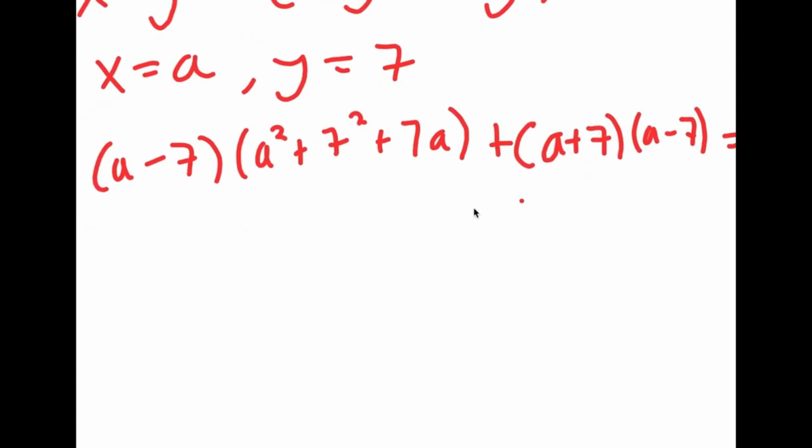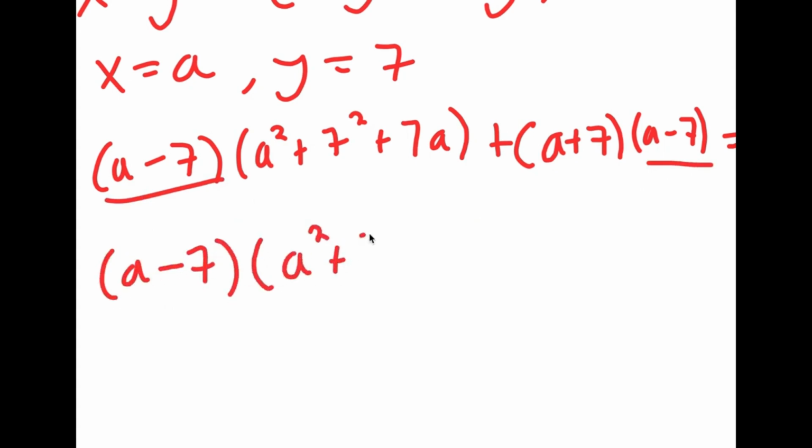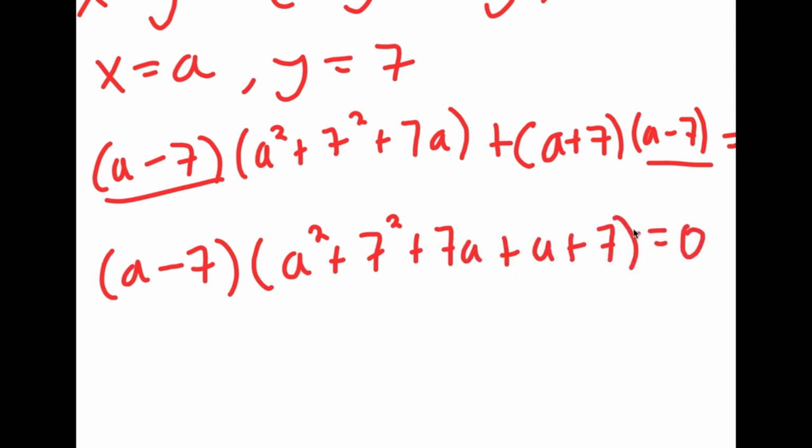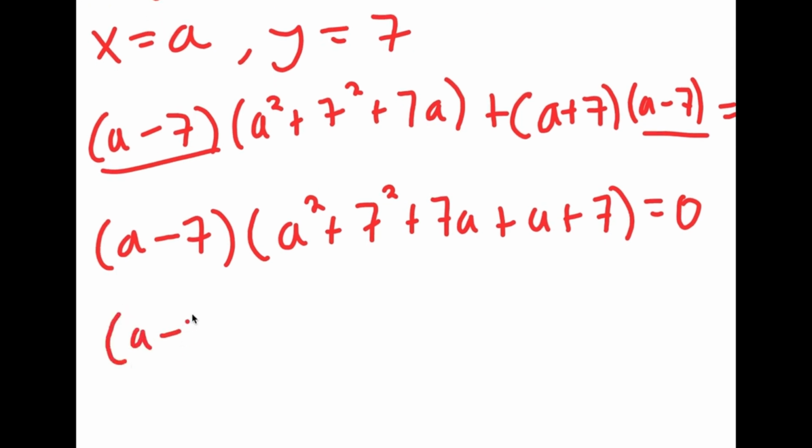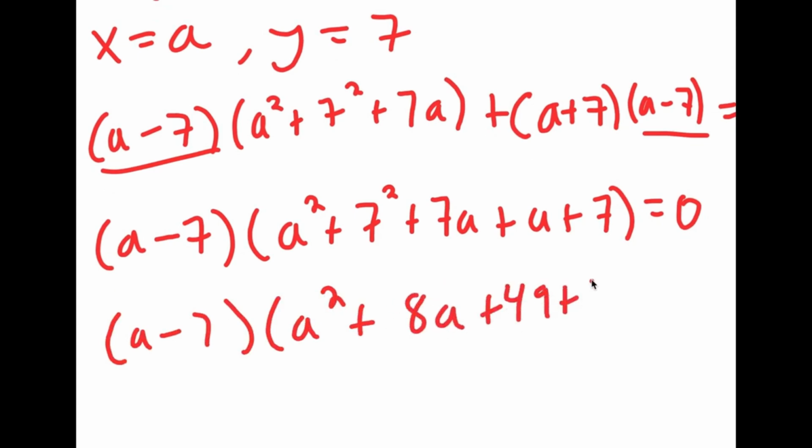Now notice how both of these terms have a common factor of a minus 7. So if I factor out a minus 7, I get a minus 7 times a squared plus 7 squared plus 7a plus a plus 7 is equal to 0. And this simplifies to a minus 7 times a squared plus 8a plus 49 plus 7, and 49 plus 7 is 56.